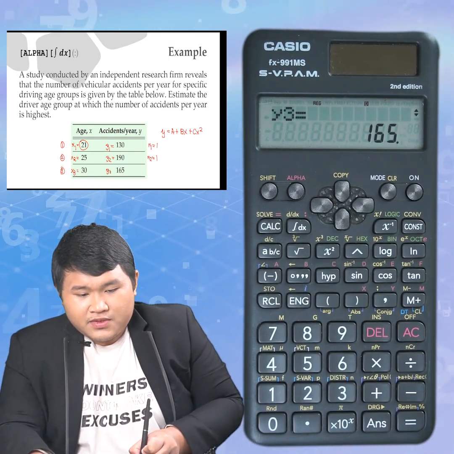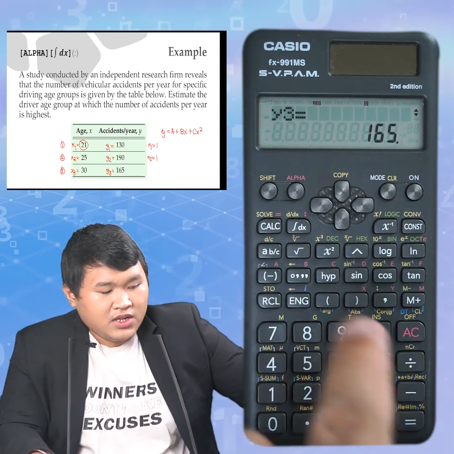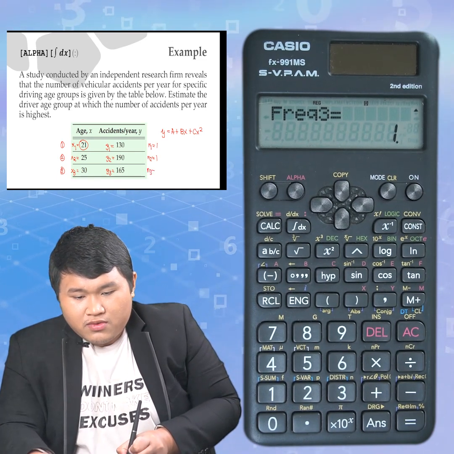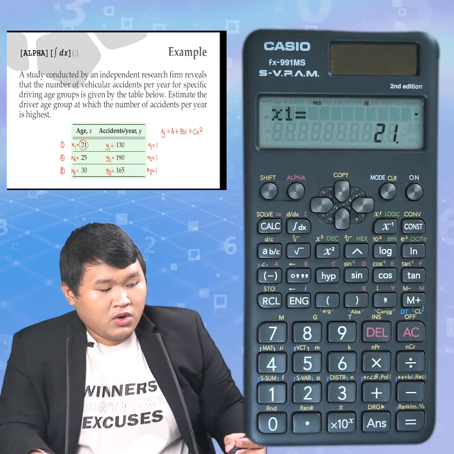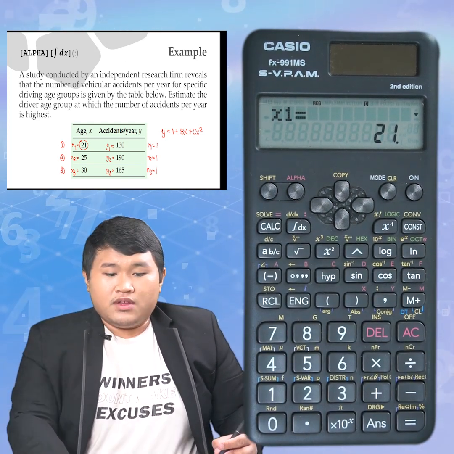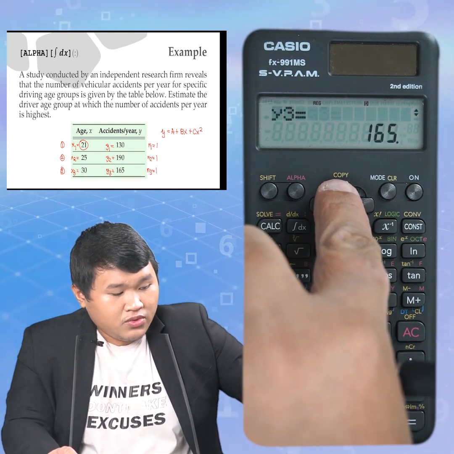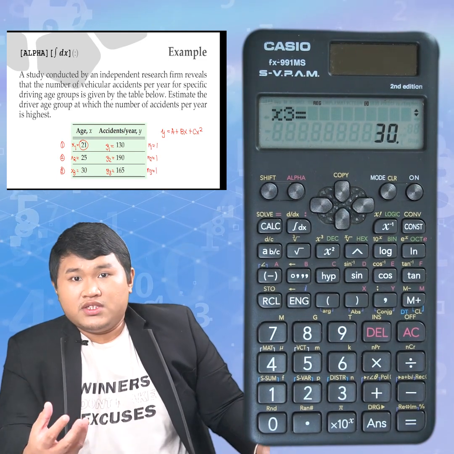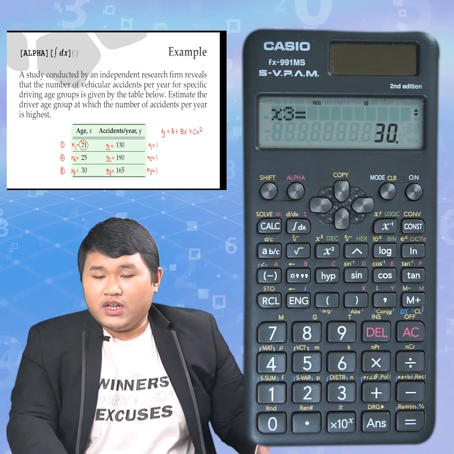Y3 is equal to 165, and then lastly the value of N3, which is frequency 3, is also equal to 1. If we press the down key again, we'll go back to X1 as before. If you want changes to this data, you can go to any of these lines and then input the value that you will use to change it. So that's how we input the data values.